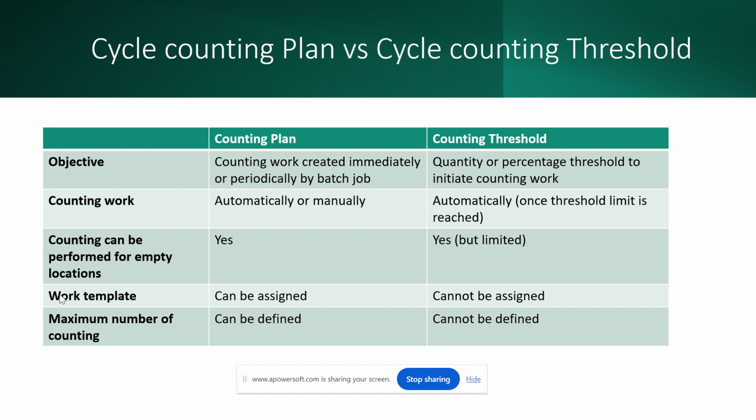And then we have the work template configuration. Even in the cycle count plan, we saw that a work template can be assigned, but here in thresholds we cannot assign work templates. And of course, we can also define the maximum number of counting here also.